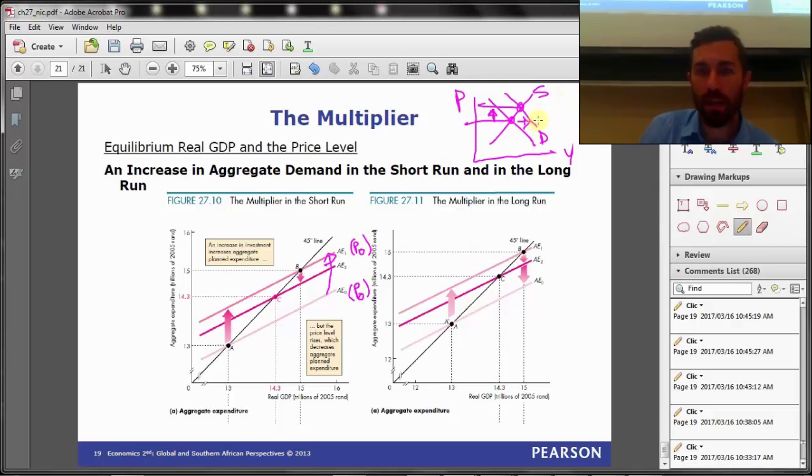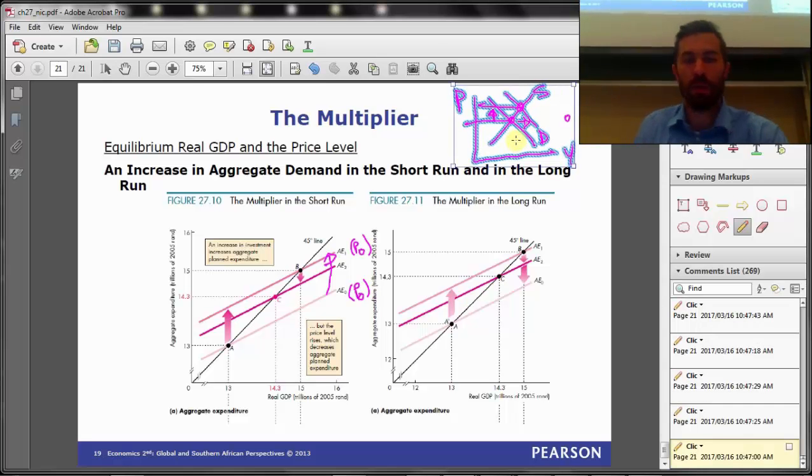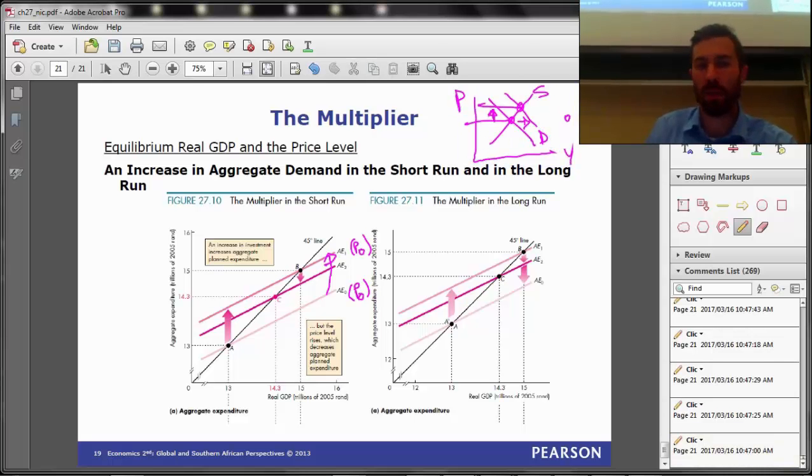What this looks like, and I'm not going to be able to draw it unless I do this a little bit separately. This initial point here was point A. Okay, let me just draw A here, and then I'll move it.